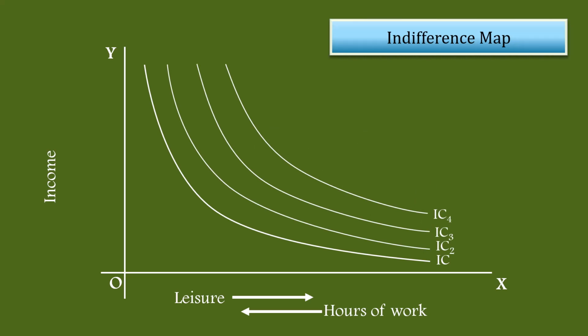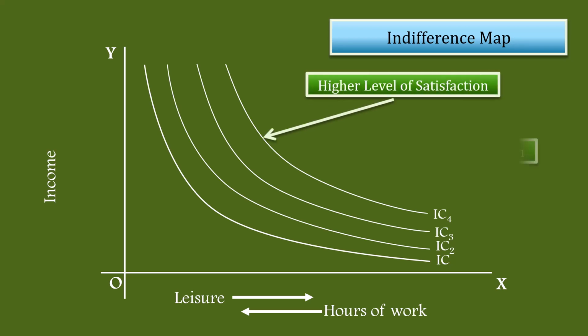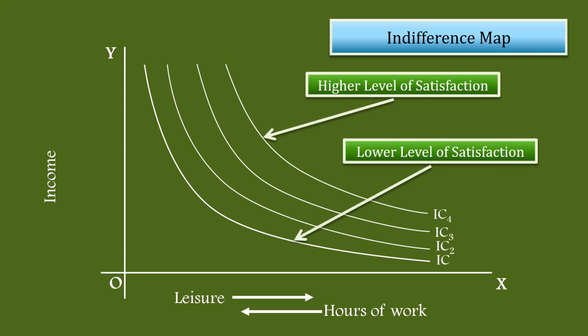Workers' indifference map shows the scale of preference of a worker towards income and leisure. Each indifference curve represents different levels of satisfaction. An indifference curve that is far away from the origin represents a higher level of satisfaction when compared to an indifference curve that lies closer to the origin.